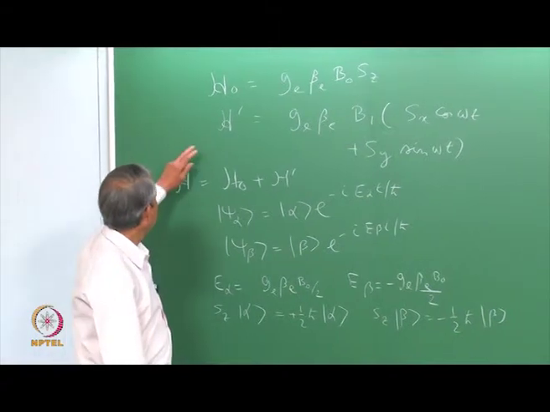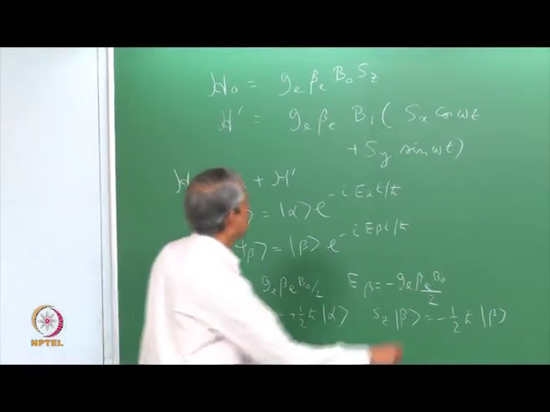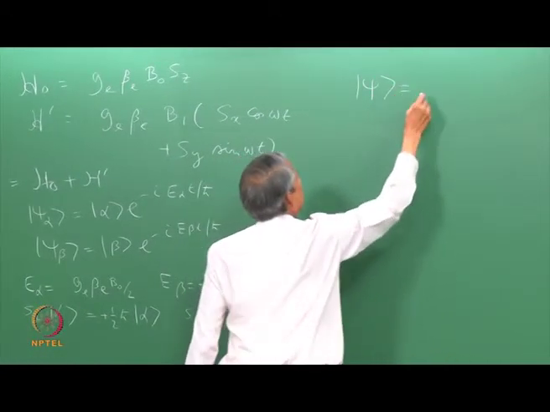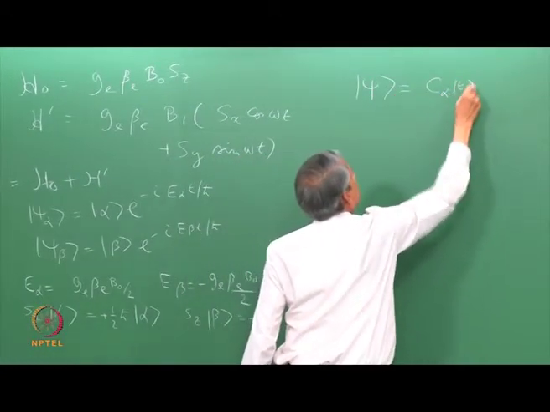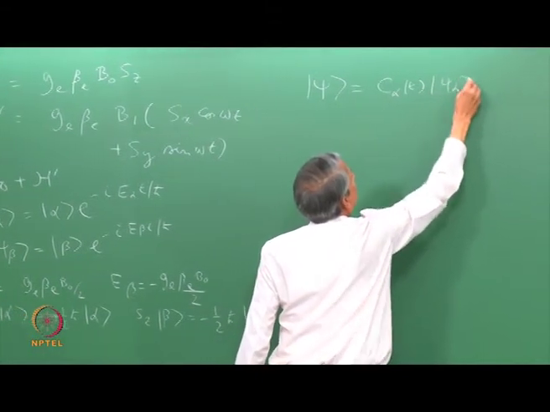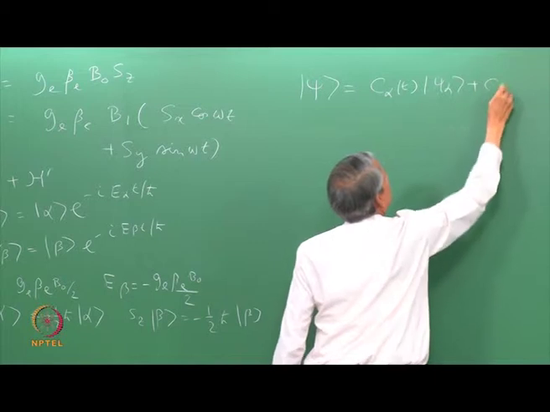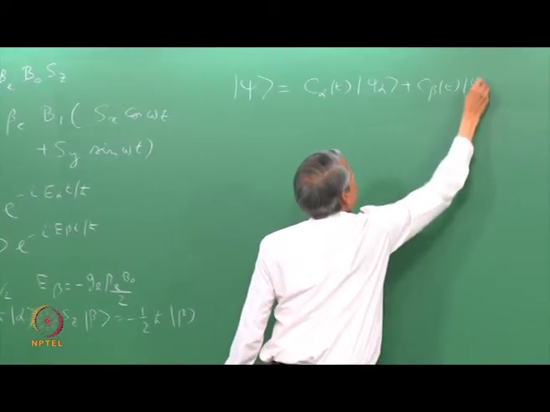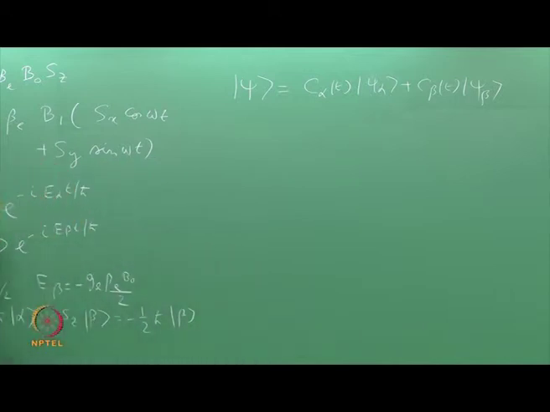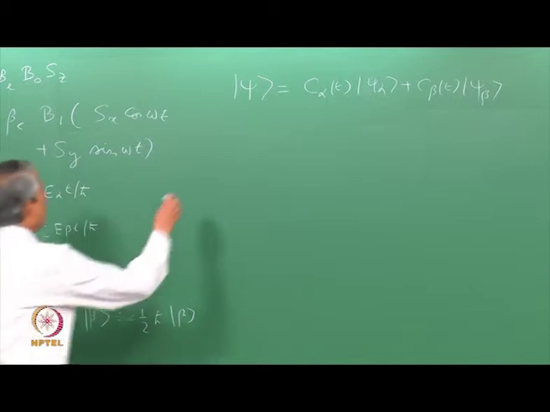So, in the presence of this perturbation, we say the total wave function can be written as a linear combination of this plus this, and we found that we can get an equation of this kind.